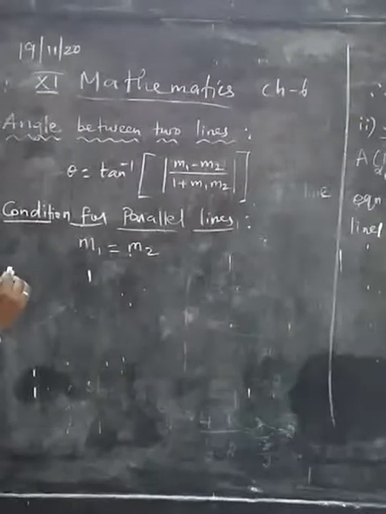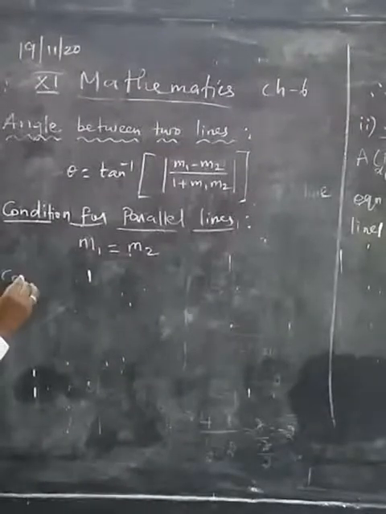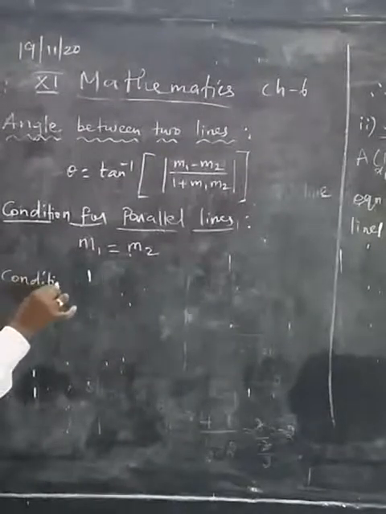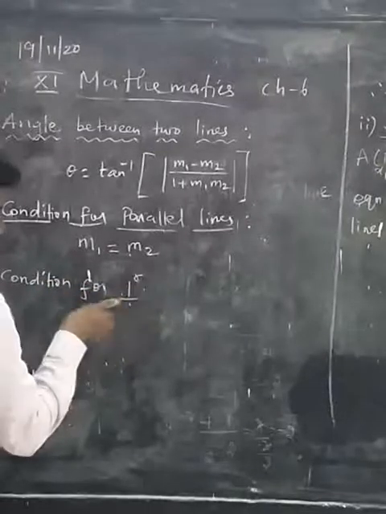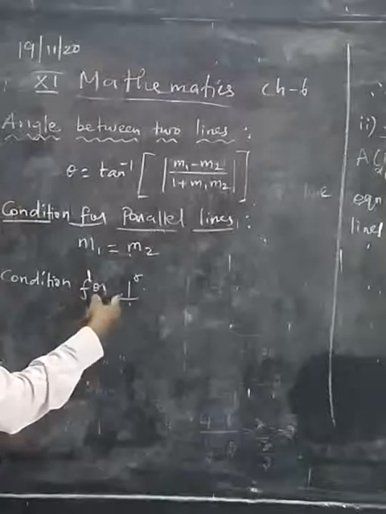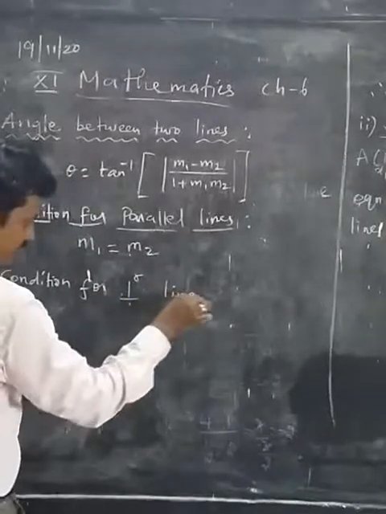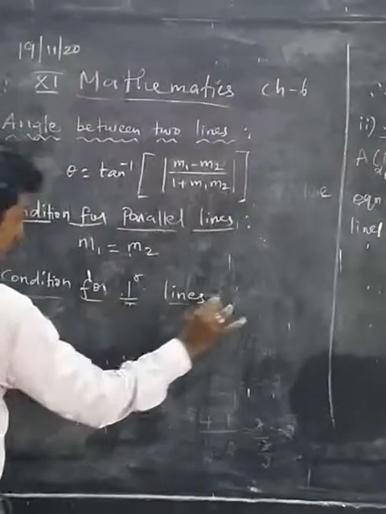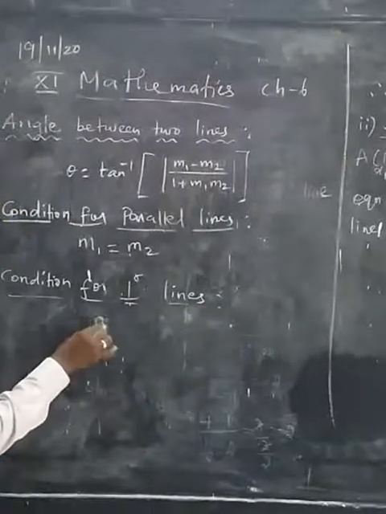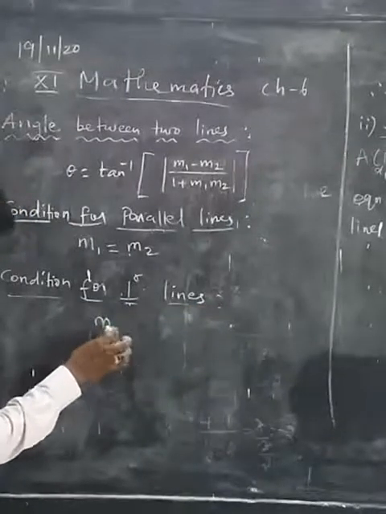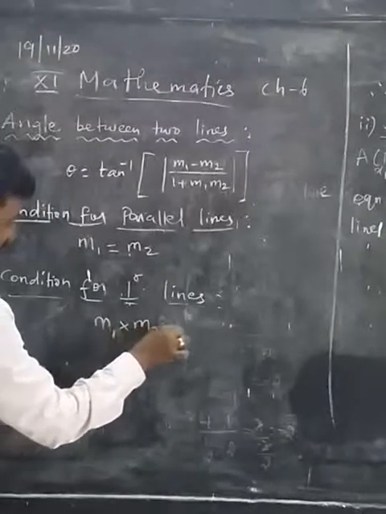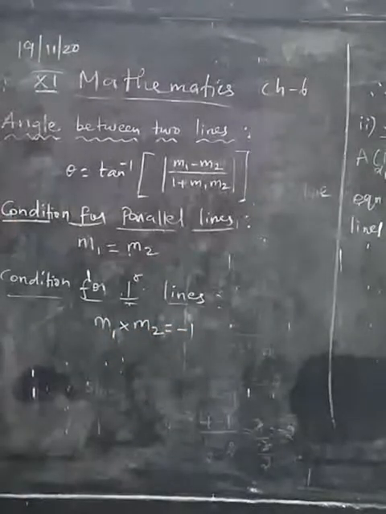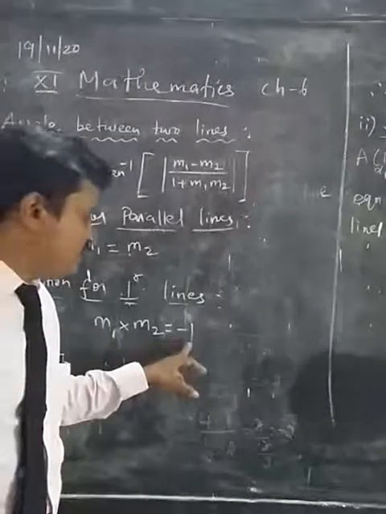Similarly, condition for perpendicular lines. If this symbol is used, what is the meaning? Perpendicular. And the condition is given by m1 into m2 is equal to minus 1. That is, the product of the slopes should be equal to minus 1.